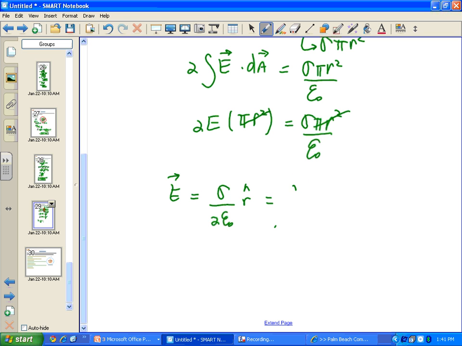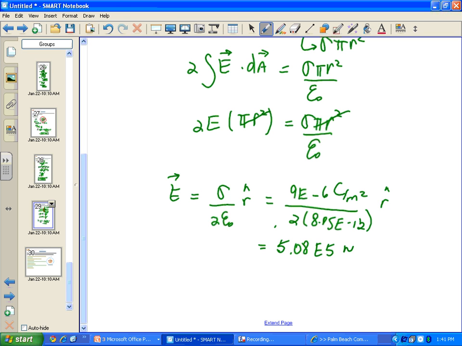Well, let's go ahead and put in our numbers. 9e to the minus 6 coulomb per meter squared divided by 2 times 8.85e to the minus 12, and this is in the r hat direction. We get a value of E, which, if my calculation is correct, is 5.08e to the 5 newtons per coulomb along the r hat direction.